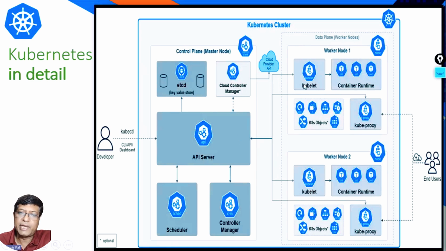You have given a deployment manifest file, and manifest means you want to manifest your desire. You want to manifest your desire through a manifest file called deployment, called service, called secret, called config map. These are all manifest files.